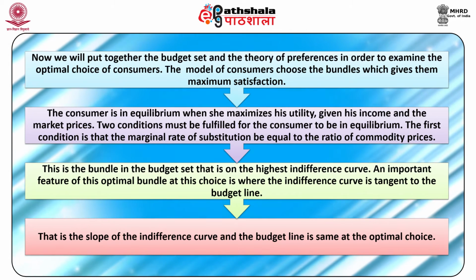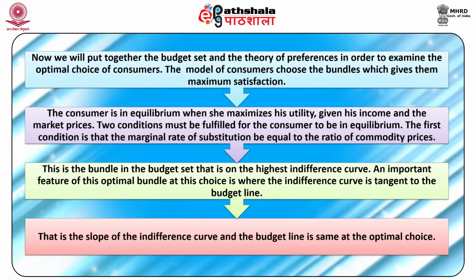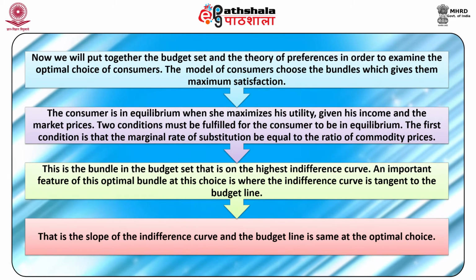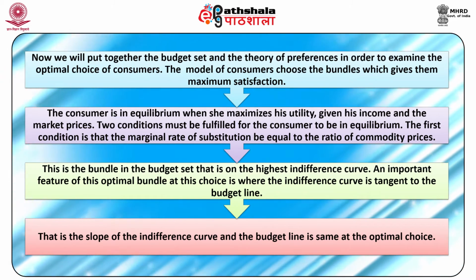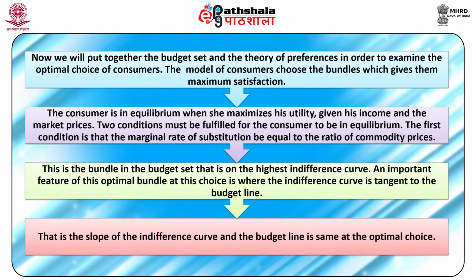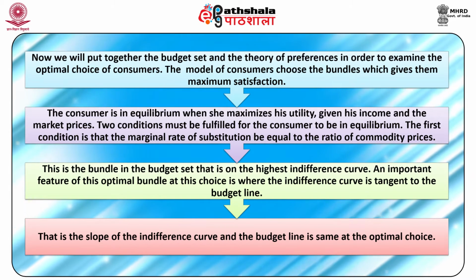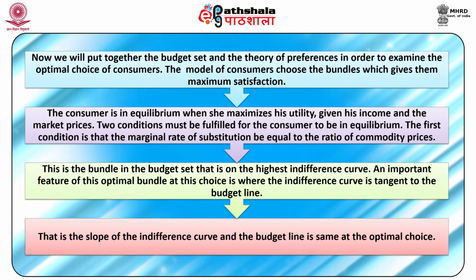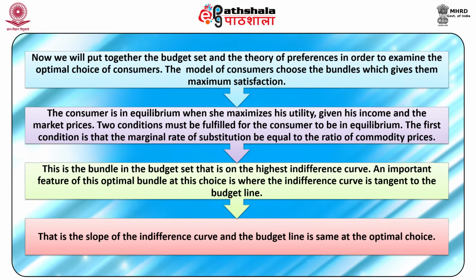However, the best bundle has to be one which the consumers can afford. The consumer is in equilibrium when she or he maximizes the utility given the income and the market prices. The two conditions must be fulfilled for consumer equilibrium to take place.